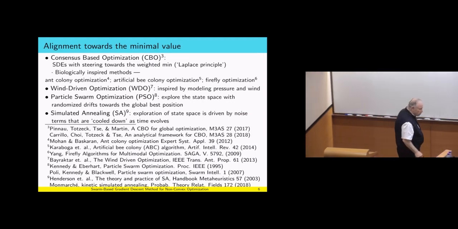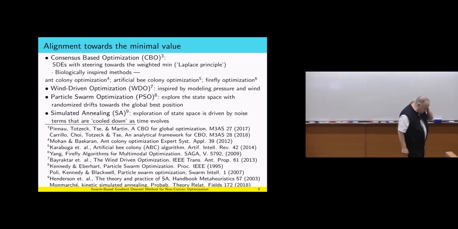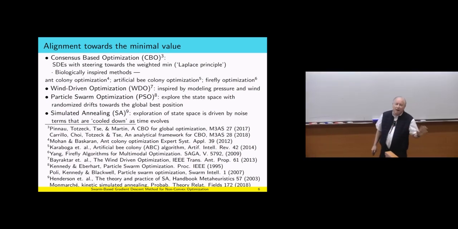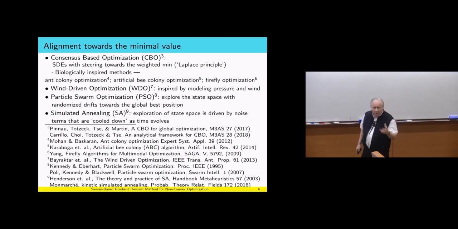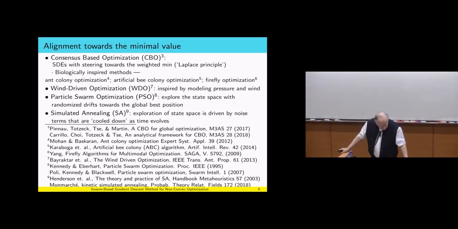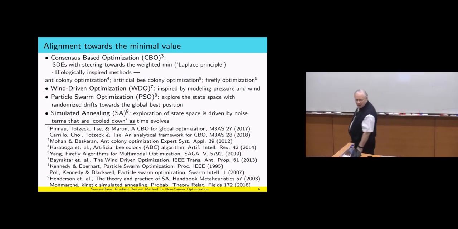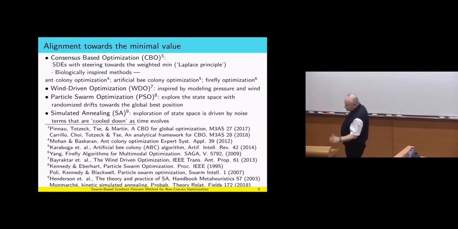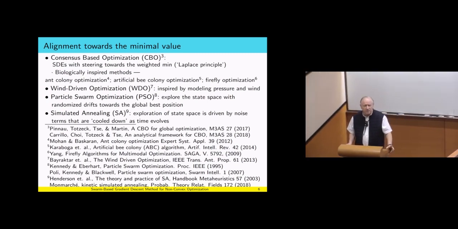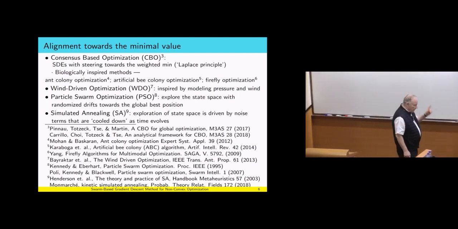Okay. I should mention, I mentioned just one agent optimizer. Of course, there is a whole class of global optimizers depending on swarms, and there is not enough time for me to cover everything. I just mention here, first and foremost, the consensus-based optimization, CBO, which is important, but there are two fundamental differences between the CBO and what we are doing here.